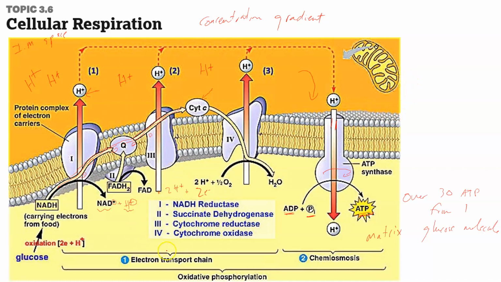So this process here of the electron transport chain plus the chemiosmosis, which is a name for these H plus ions moving down this concentration gradient through this enzyme here, ATP synthase, is the process of oxidative phosphorylation. Now, the only enzyme I really want you to know from this process is this one right here, ATP synthase, just because it's such a crucial enzyme to this process.